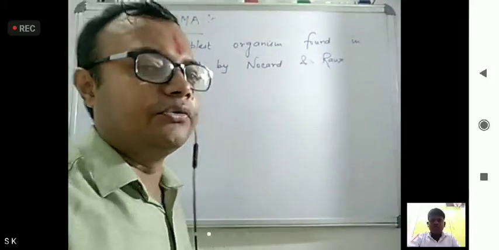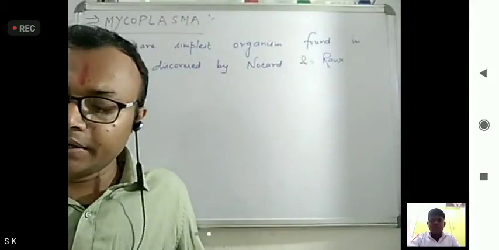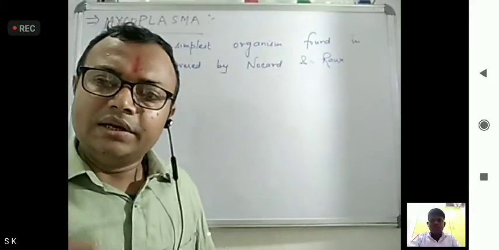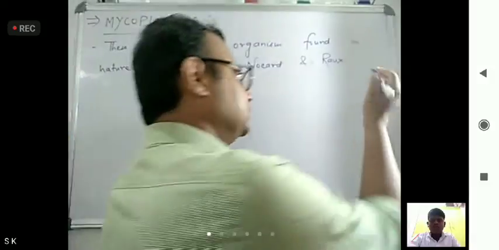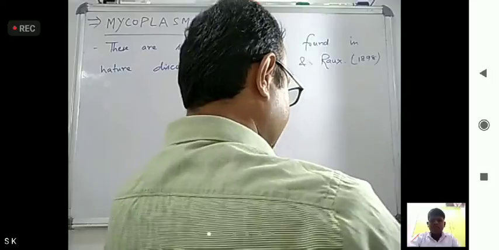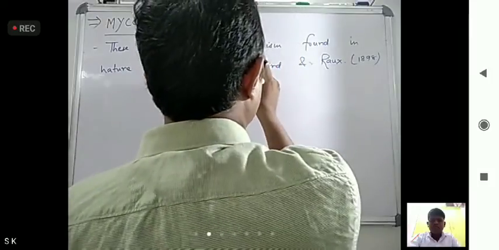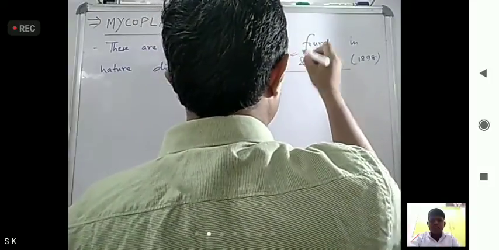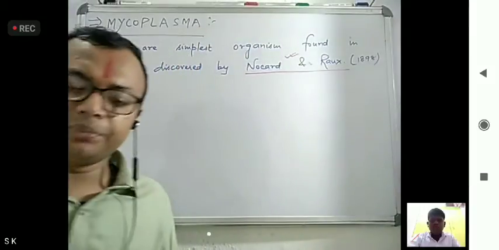Okay, discovered by which scientists? Nocard and Roux, in 1898. The year was 1898. Now, you have to remember that Nocard and Roux discovered mycoplasma.